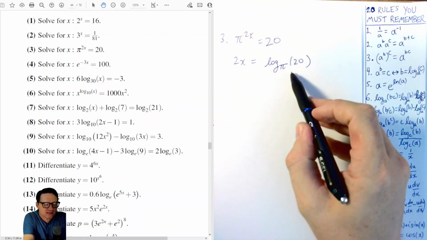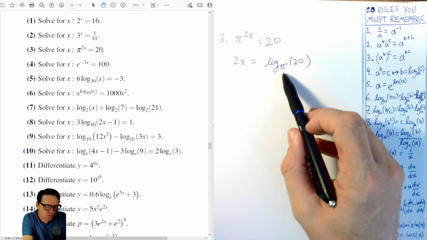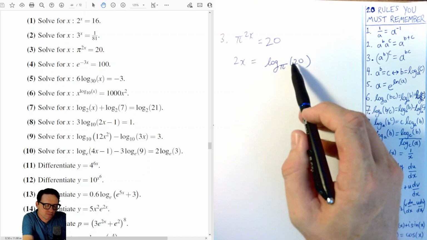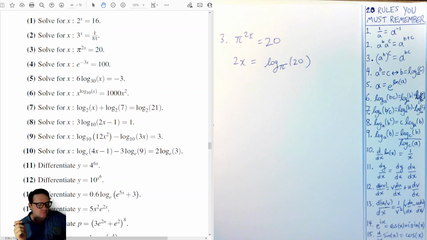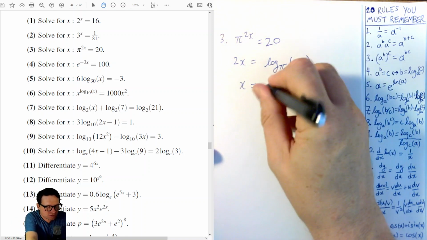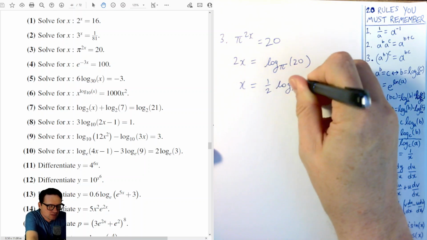And this is the question here. What number do we need to raise pi to in order to get 20, remember? Right? And so that talks of this equivalent relationship between this log equation and the exponent equation. All right, so if we just divide throughout by 2, then we get our answer. So let's do that. x is equal to 1/2 log to base pi of 20.